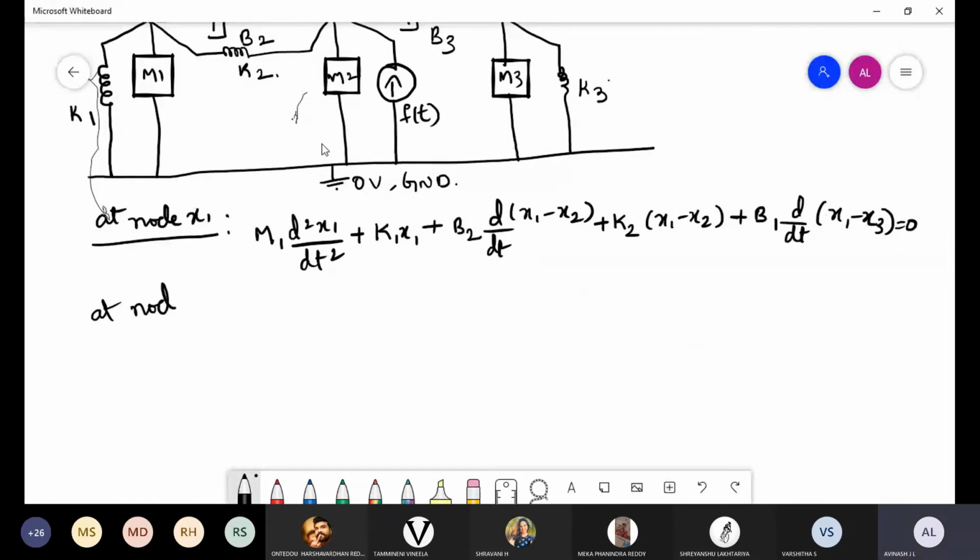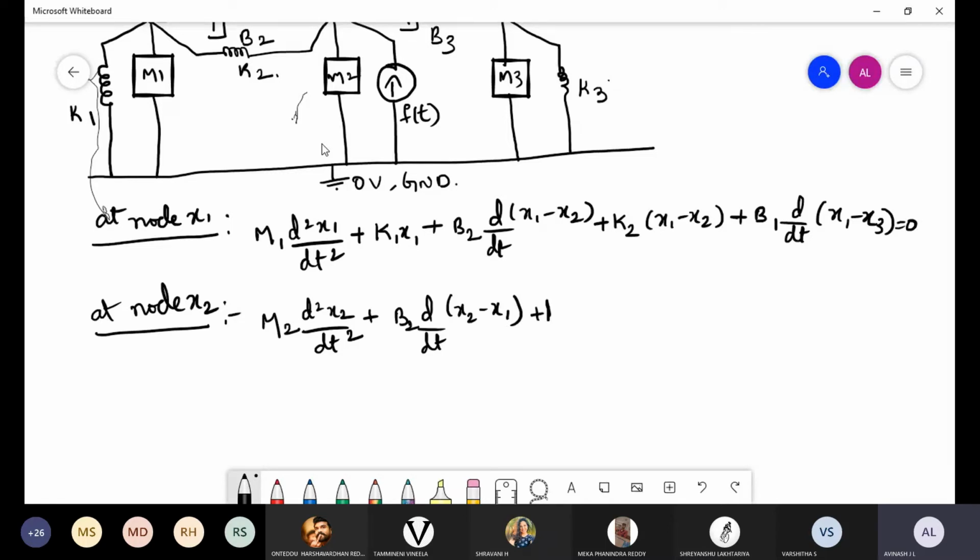At node x2, what is the equation we will get? We'll get m2 d square x2 by dt square plus b2 into d by dt of x2 minus x1 plus k2 into x2 minus x1 plus b3 into d by dt of x2 minus x3, that is equal to f of t.